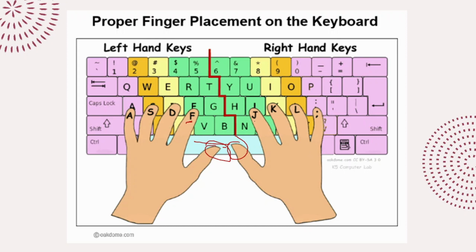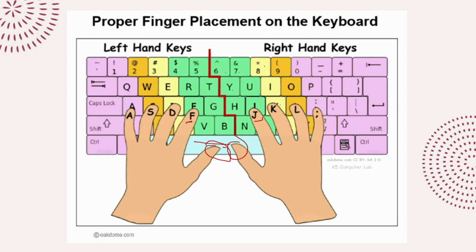It's the same with J. Your right index finger is nasa J. Then, yung i-click niya, yung J can click H, N, M, U, Y, 6, 7. Then, the same with K, nandito.